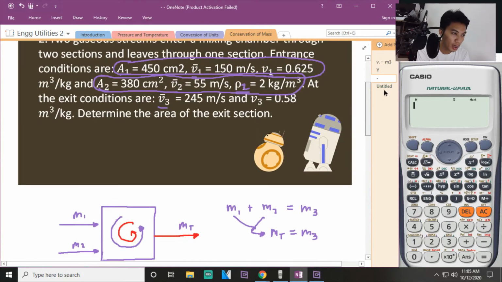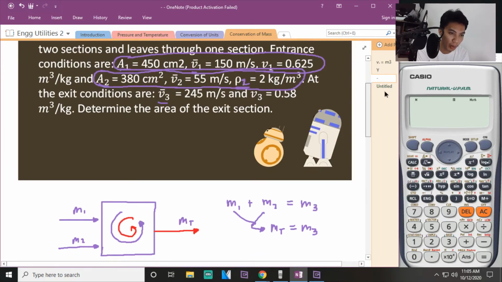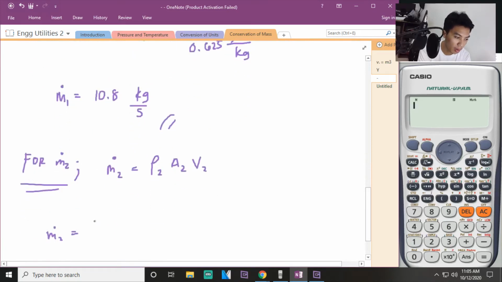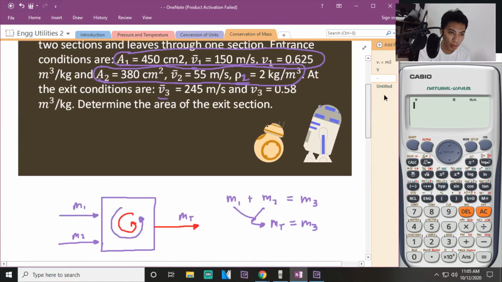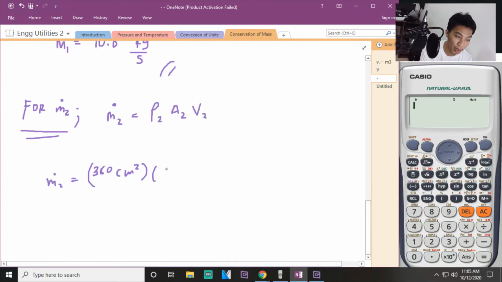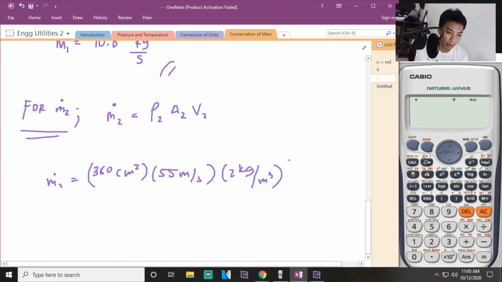So, that is 380 cm squared multiplied by area. Okay? So, 2 kilogram per cubic meter tapos 55 meter per second. Ngayon, meron na naman tayo dito, conversion na naman.